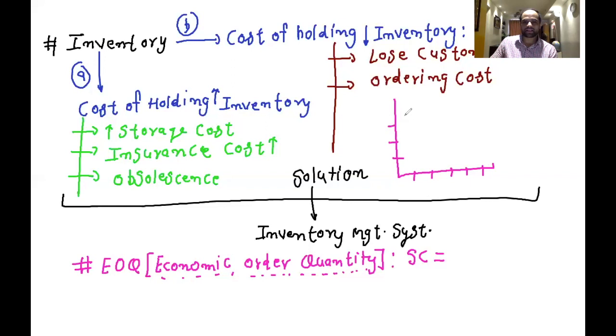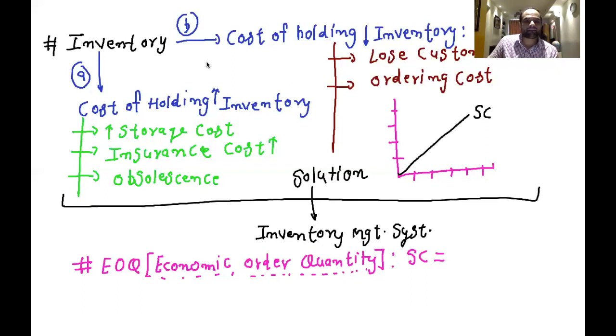And this is the cost. X-axis is quantity and y-axis is cost. And this curve is called storage cost. Why storage cost? As your quantity is increasing, your cost of storage is increasing. That's why this curve is in this direction, upward, right?